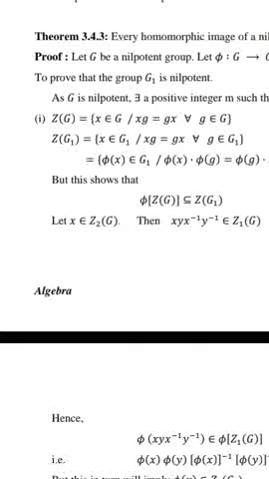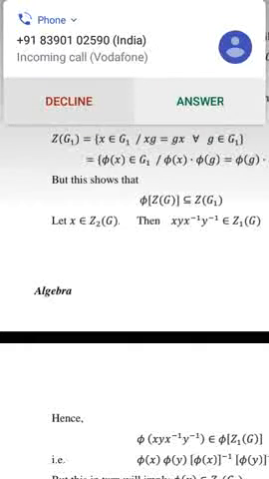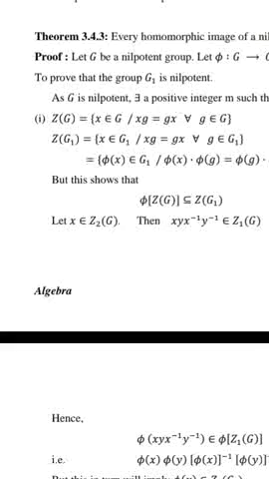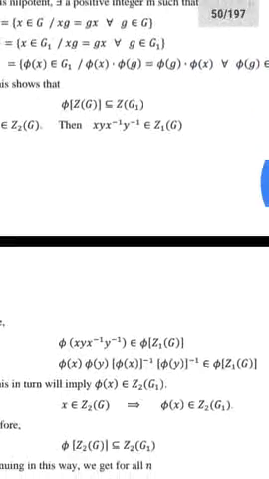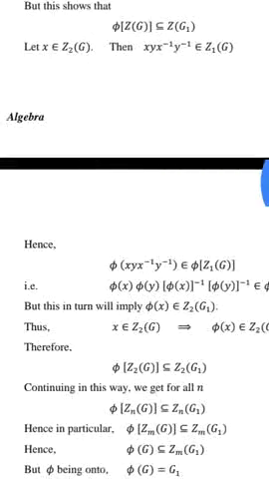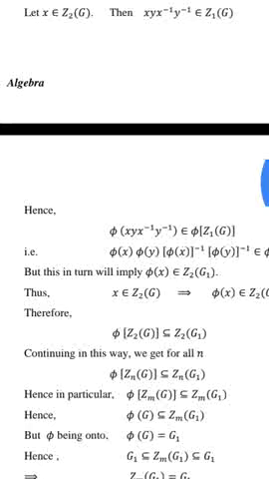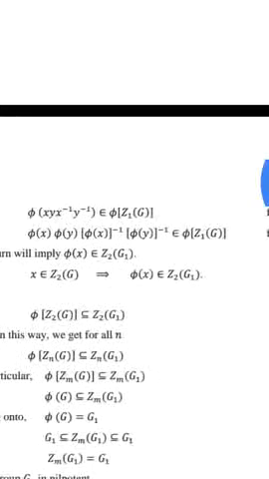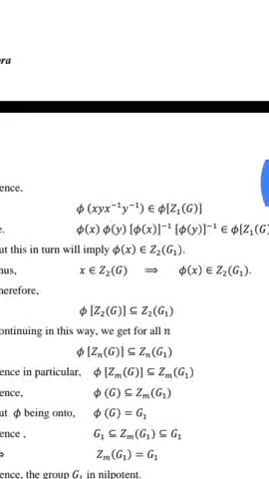Now suppose that x belongs to Z2(G) and x⁻¹y⁻¹ belongs to Z1(G). Therefore, φ⁻¹ of φ(x⁻¹y⁻¹) belongs to φ(Z1(G)). Therefore, φ(x), φ(y) into φ(x)⁻¹, φ(y)⁻¹ belongs to φ(Z1(G)).